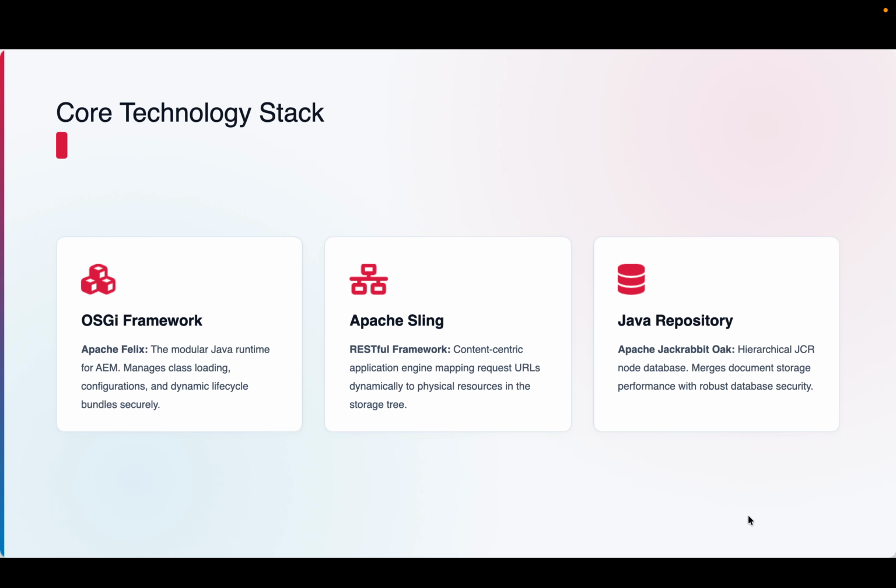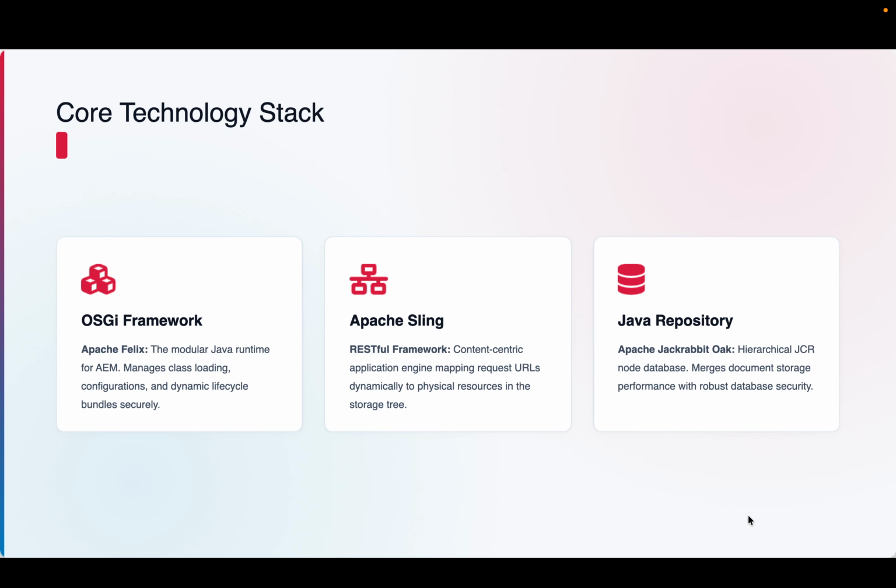Finally, the third most important part of AEM architecture is OSGi, which is implemented via Apache Felix. OSGi provides a dynamic modular system for Java. This means our backend applications are compiled into independent modular units called bundles.